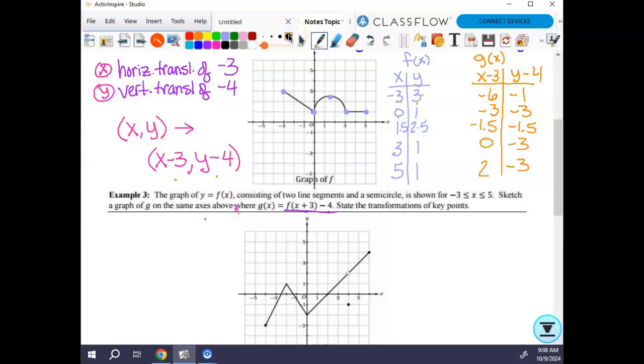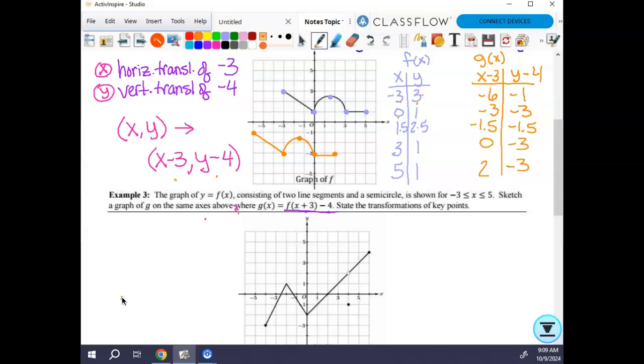I'm going to go to negative 6, negative 1, negative 3, negative 3, negative 1.5, negative 1.5, 0, negative 3, 2, negative 3. Then when I redraw it, it should look the same size and shape as what you have, or as close as you can, because it's a little wonky. But if it looks like you distorted it all, then you have a point incorrect somewhere.